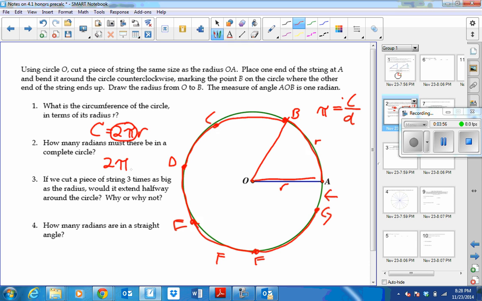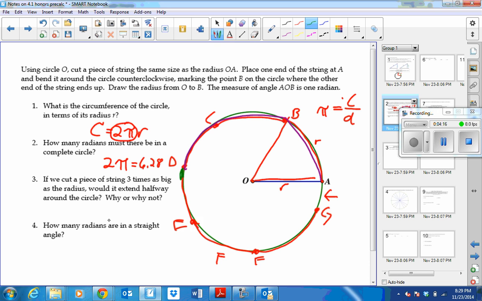Well, it wouldn't, because 2 times pi is actually 6.28. And so if we take 3 radii and extend them around our circle, well, there's 1, there's 2, there's 3, we're going to find that we are just shy of being able to make that a complete semicircle.